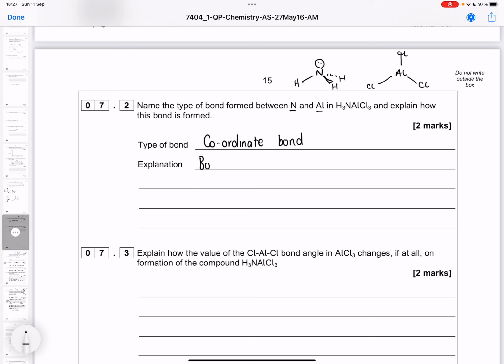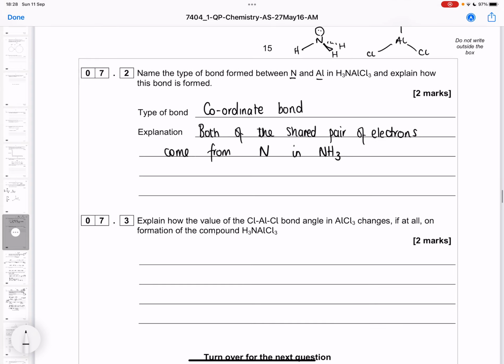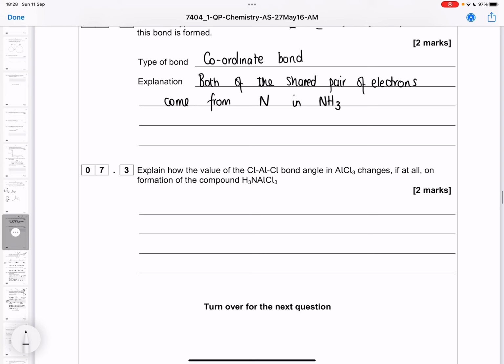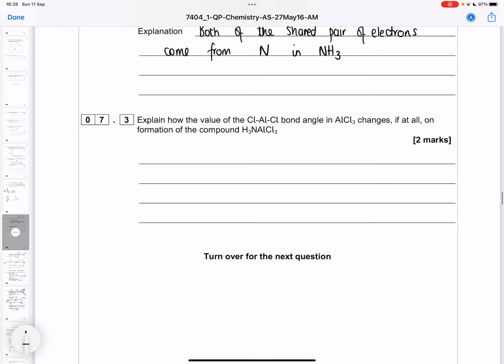Because both, so this is kind of the definition of a coordinate bond, both of the shared pair of electrons come from the nitrogen in ammonia. So ammonia had a lone pair, aluminium was electron deficient, and they could make a shared pair where both electrons come from the nitrogen.